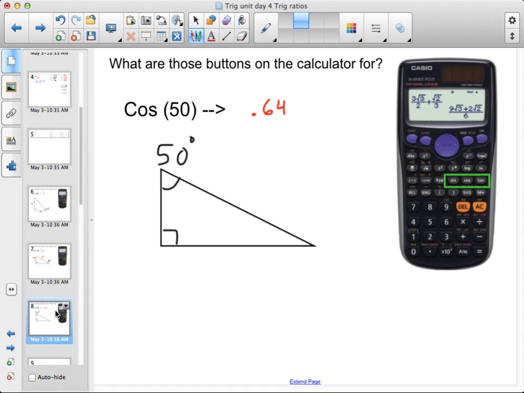Let's say 0.643. What this is representing is a ratio of the adjacent side length over the hypotenuse. It is saying that for each triangle, if this side length was 0.643, then this side length would be 1. It's a ratio of the adjacent side over the hypotenuse.